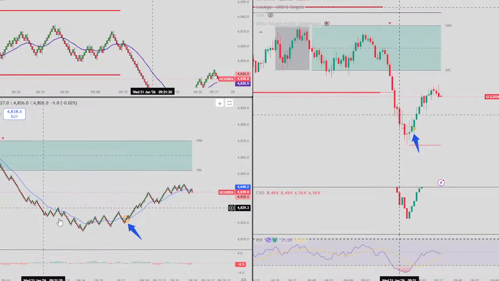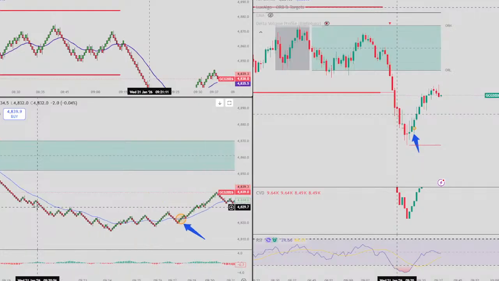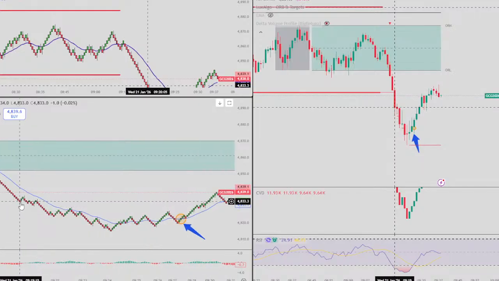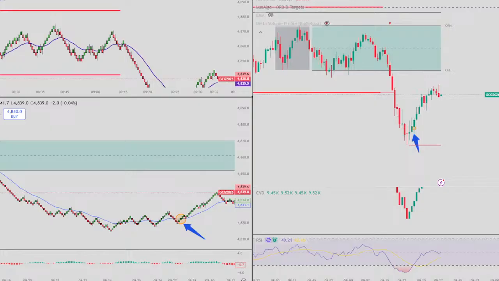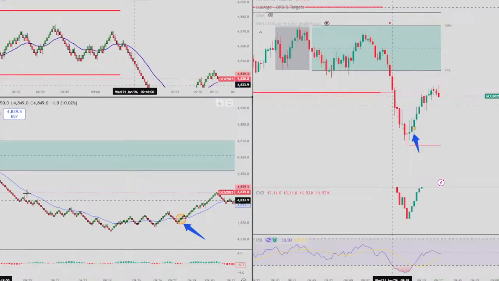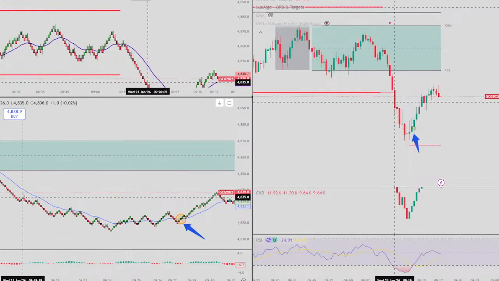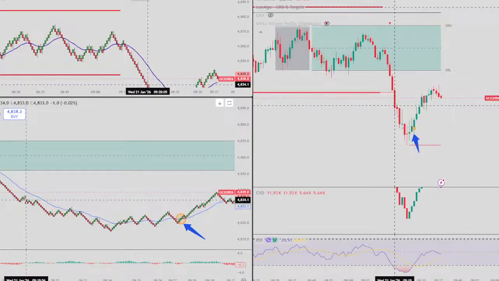And this would have been good too. Like it wasn't bad. But yeah, so I mean this was good as well, and that's my strategy right here doing its work.